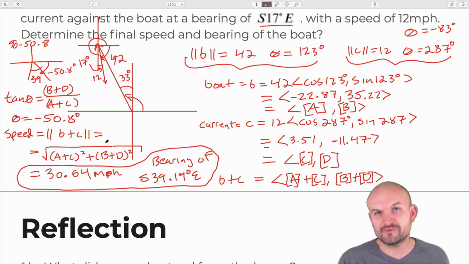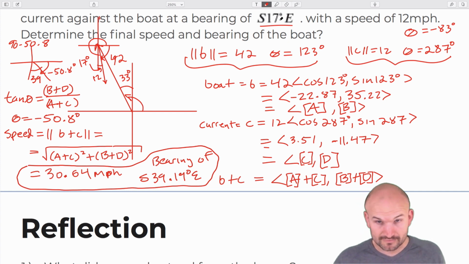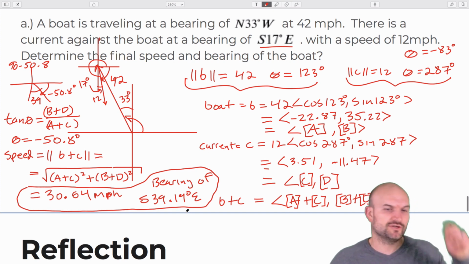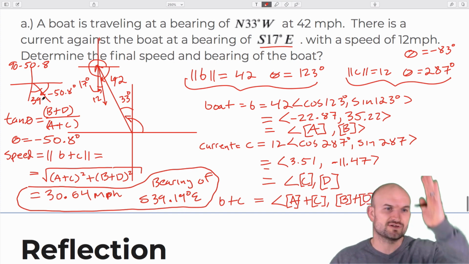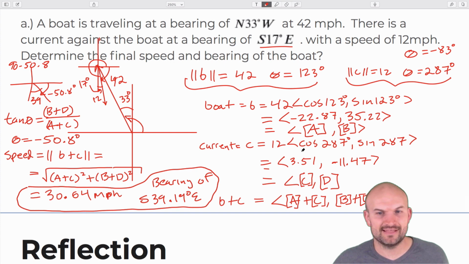You could also do the bearing from due north, but since our bearing was originally in terms of the cardinal system, the compass headings, that's what I'm going to use first. So it's south 39.19 degrees east.